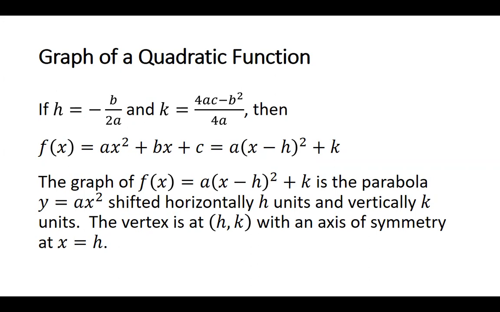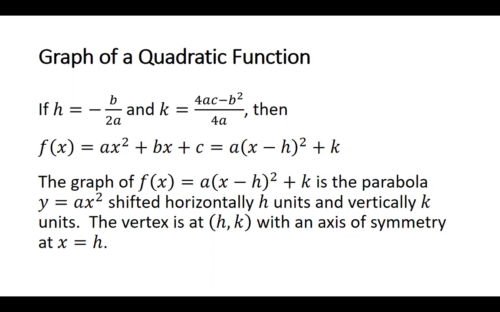Every time you have x squared, it's a parabola, multiplied by a, which gives you a vertical stretch or shrink, shifted to the right by h units, or if h is negative, to the left, and shifted vertically by k: positive it goes up, negative goes down. The vertex is at (h, k), and the axis of symmetry is x equal to h.